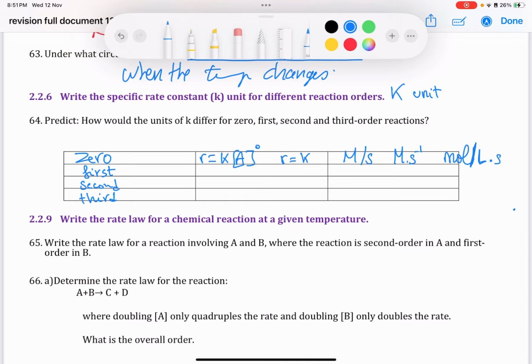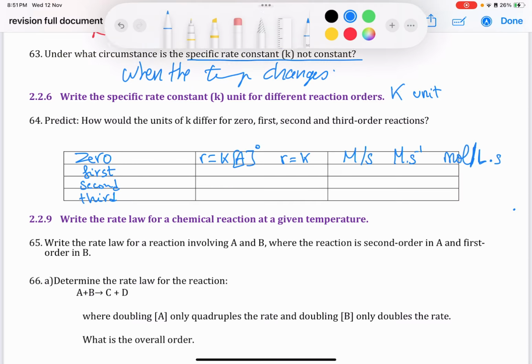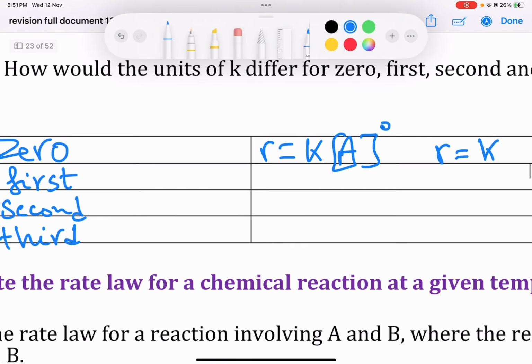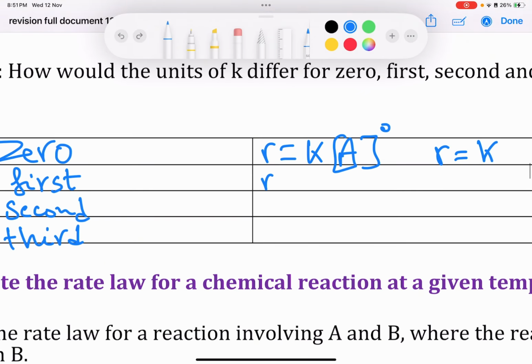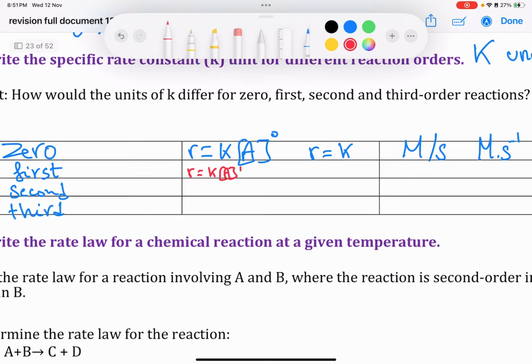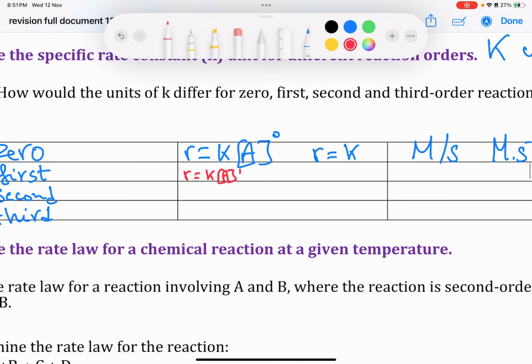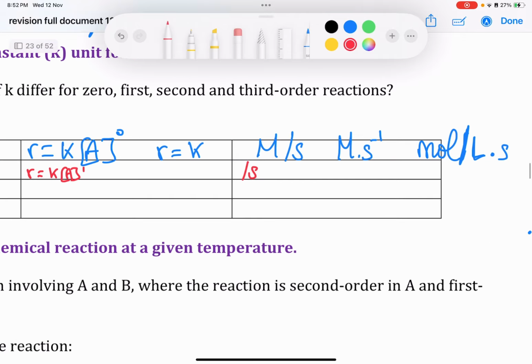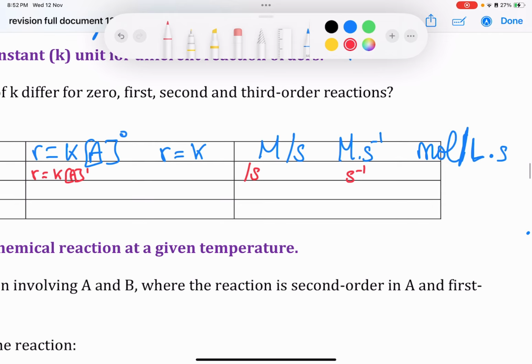Now, if the reaction is first order, it would look like this. I'm going to change the color of my pen. R equals K[A] to the power of 1. In this case, the unit of K is just per second, or s^-1.